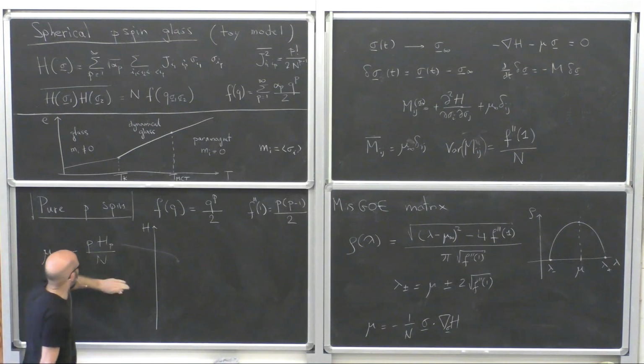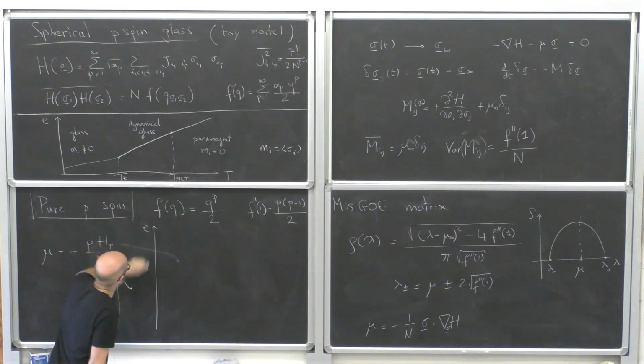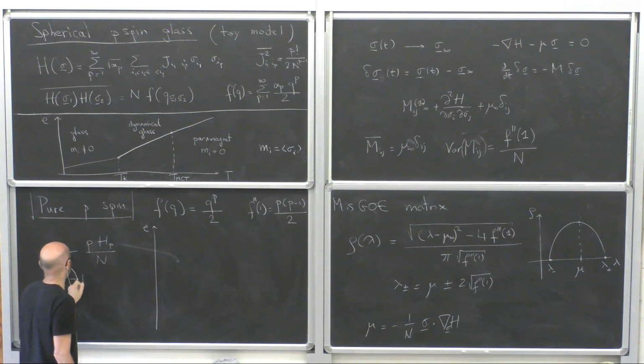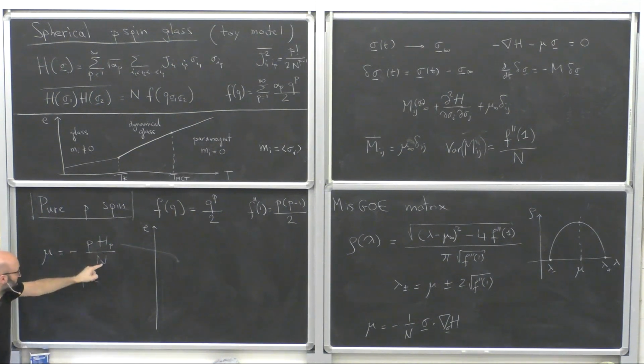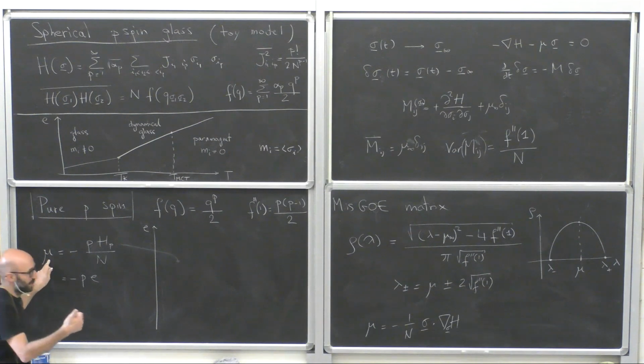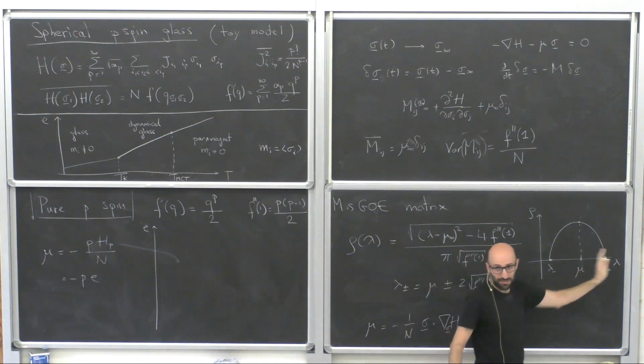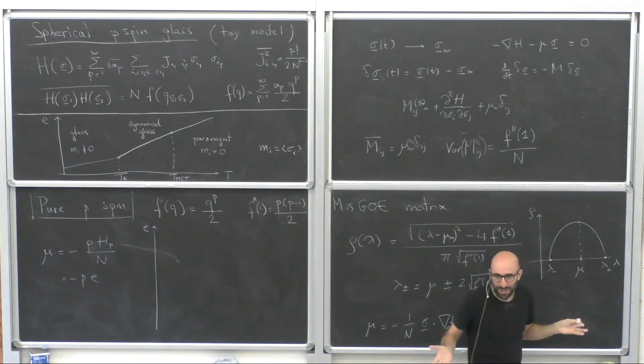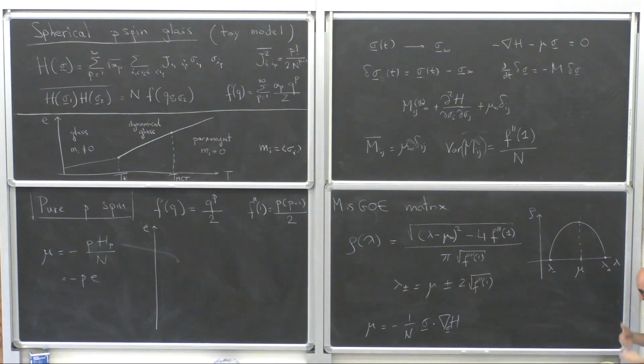So let's call E the energy per particle, just to have something that is finite in the thermodynamic limit. When energy is very small, mu goes up, and the spectrum goes to the right, which is fine, because we expect that the more we go down, the more we have minima. When energy goes up, mu goes down, and the spectrum becomes unstable.